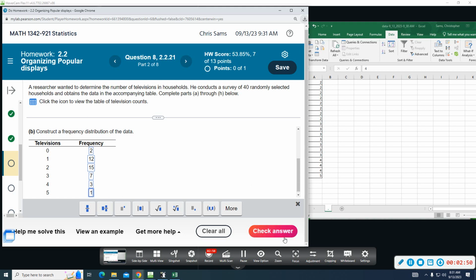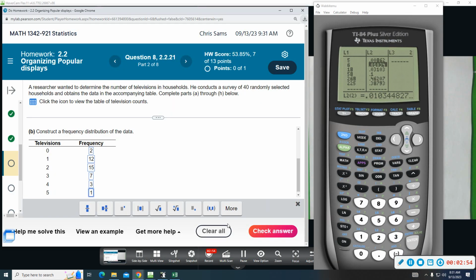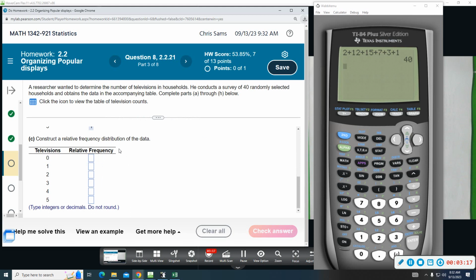So what you should do as an intermediate check, I would just add these numbers up and make sure we get a total of 40. It said 40. So I'm going to add these numbers. 2 plus 12 plus 15 plus 7 plus 3 plus 1. That gives us 40. So good intermediate check, and then we'll get a confirmation there.